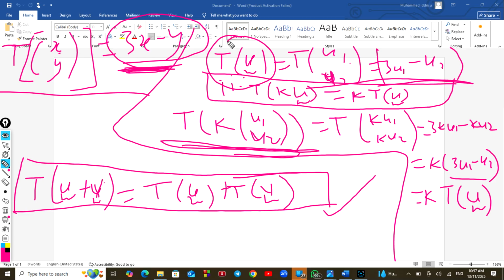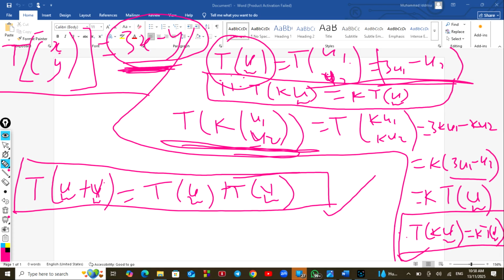And now we have it as transformation of k multiplying the vector u. So you can conclude by saying that transformation of k multiplying the vector u is in fact k multiplying the transformation of u. So now the second condition has been met.